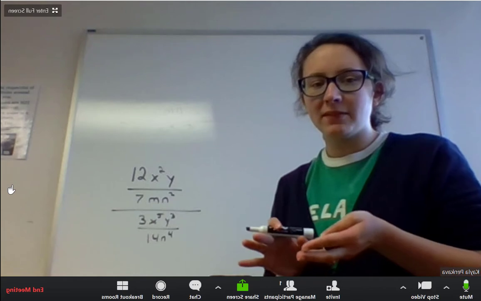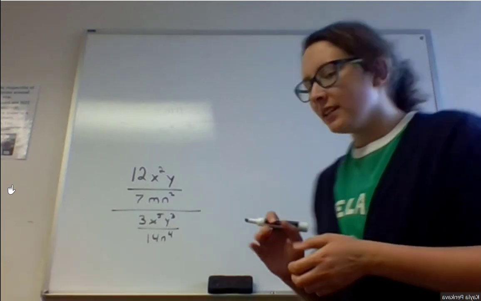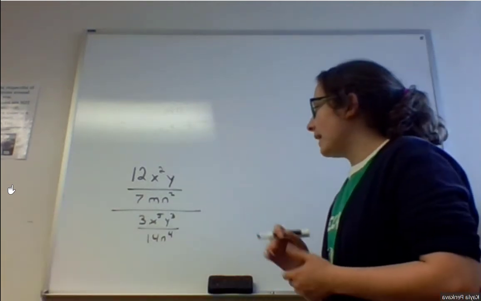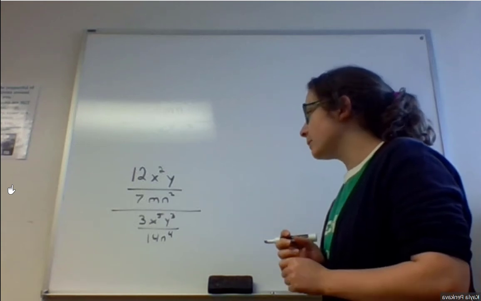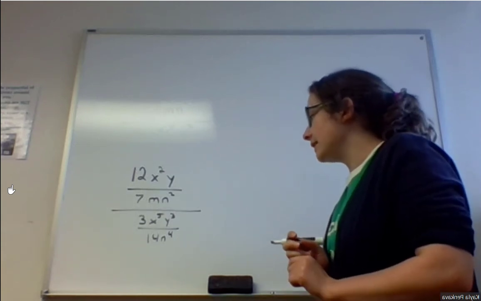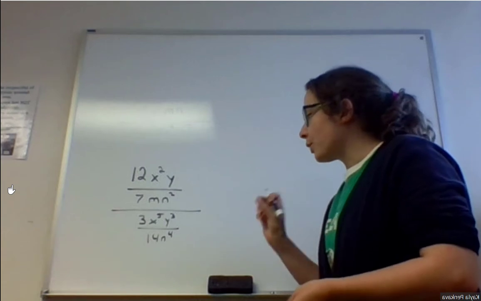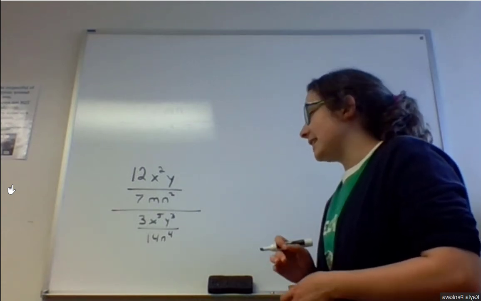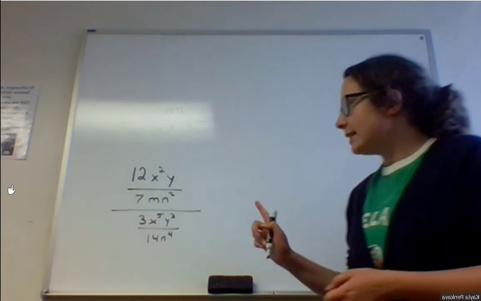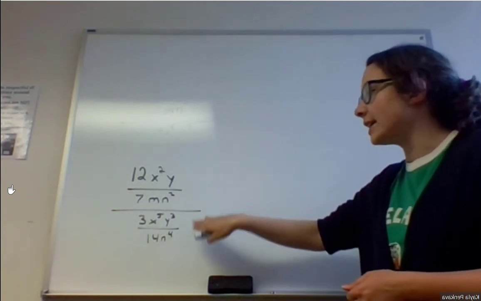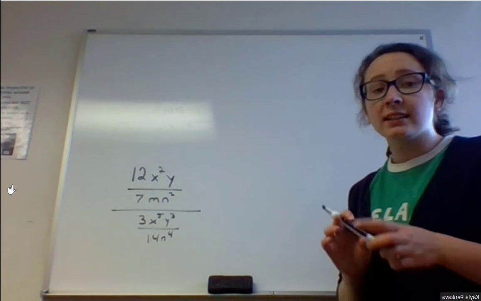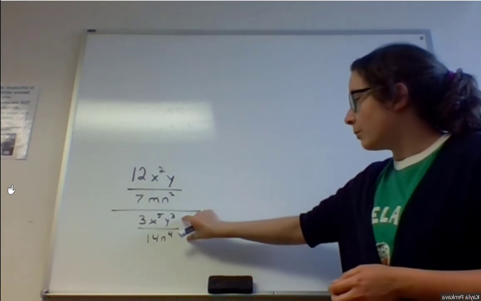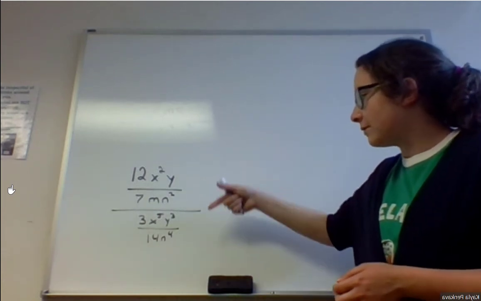So for 7.5, question number 3, the question says 12x squared y divided by 7mn squared, all over 3x to the 5th y cubed over 14n to the 4th. Anytime you have a fraction being divided by a fraction, the first thing that we want to do is take the bottom fraction and flip it.